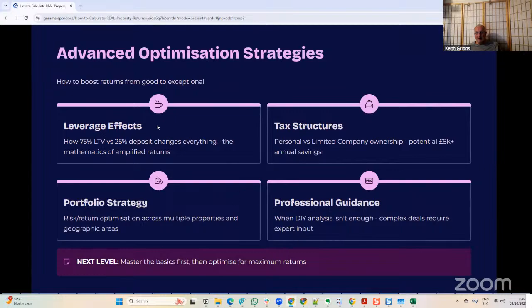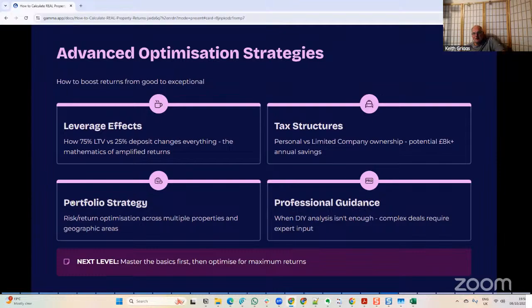Here are some advanced strategies to increase your wealth even faster. Leverage: you saw in this example how mortgages changed everything. If you can work with investors who can lend you money as well, that can also help considerably. Portfolio strategy: look at your risk-return optimization.